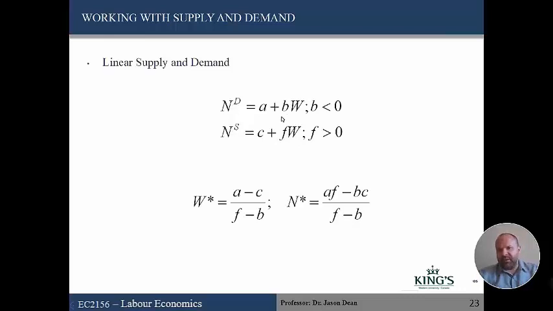Of course, for labor demand, B has to be less than 0, it's downward sloping. F is greater than 0 because supply is upward sloping. Given simple linear curves with this functional form, the equilibrium wage would be A minus C over F minus B, and N star would equal AF minus BC over F minus B. So these are the parameters of the model.